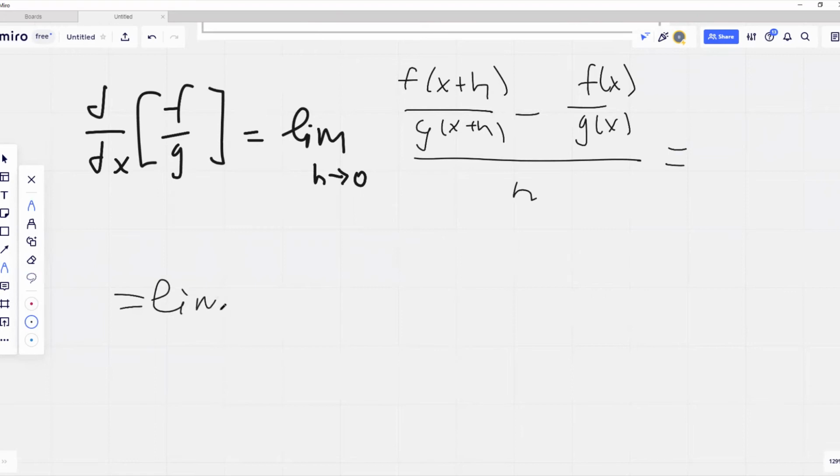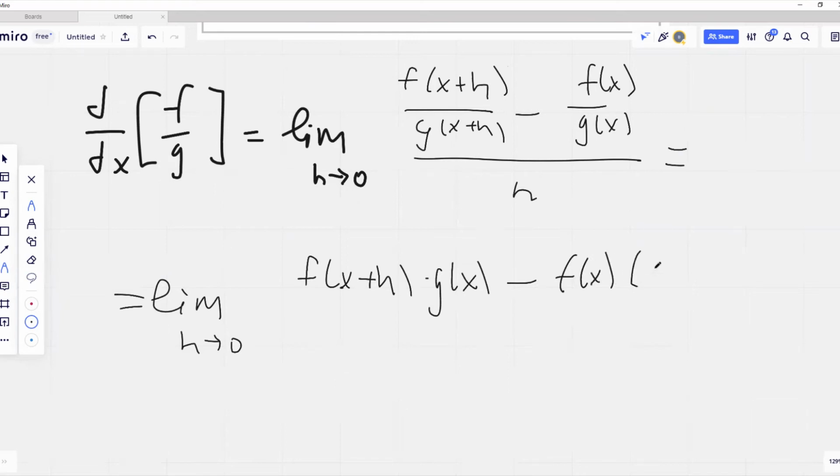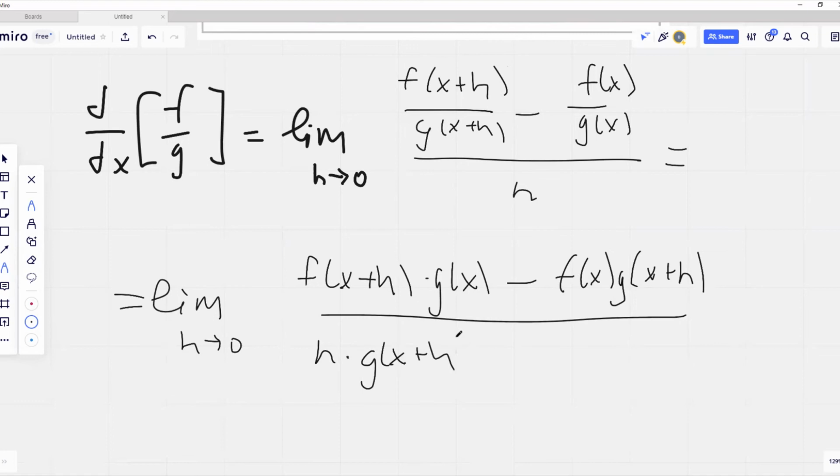We'll end up with the limit when h is approaching 0 of f of x plus h multiplied by g of x minus f of x, g of x plus h, divided by h multiplied by g of x plus h multiplied by g of x.